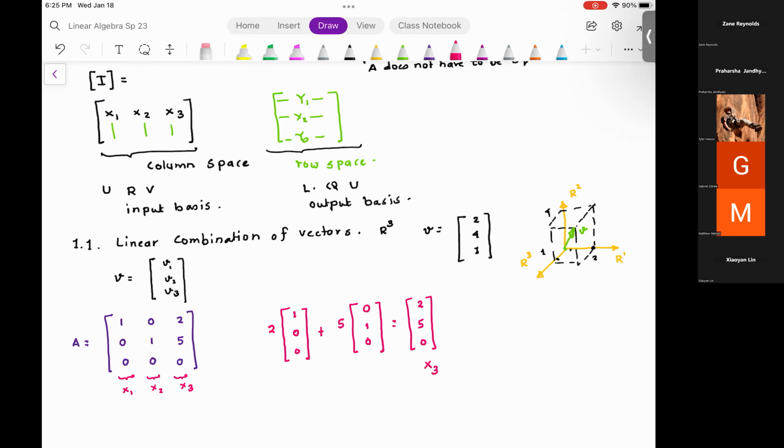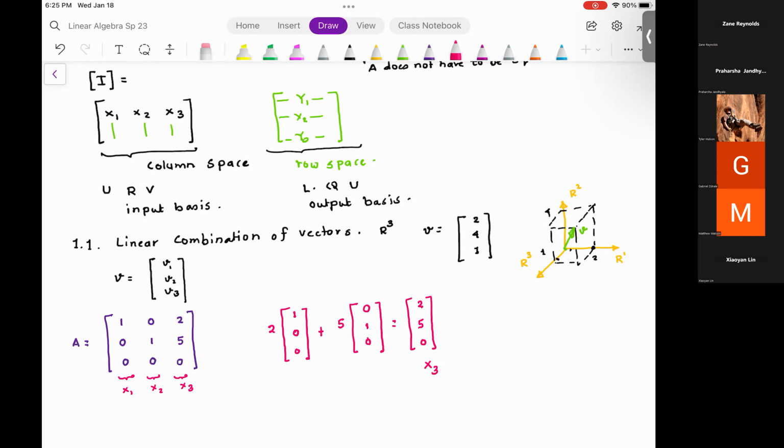My second vector is x2. Now I want to plot this vector x3, which is 2, 5, 0.